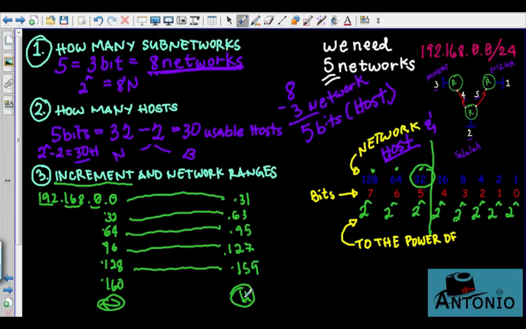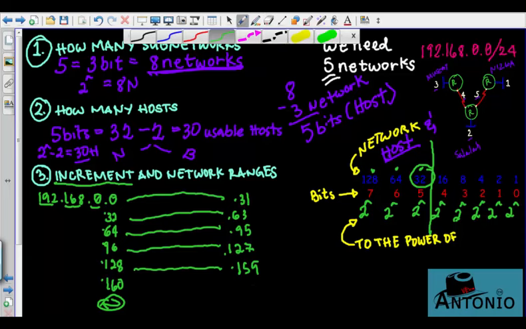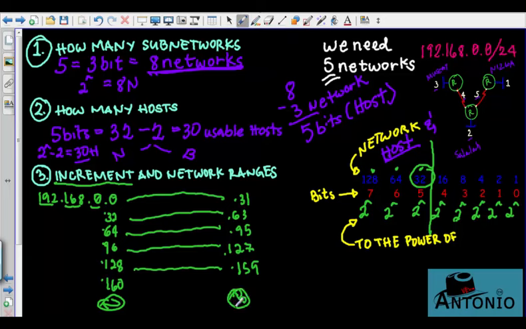We're only human, flesh and blood. That's why we make mistakes. That is a broadcast. We don't need network and broadcast. That's why we minus 2 from 32, and we get only the total number of usable hosts.